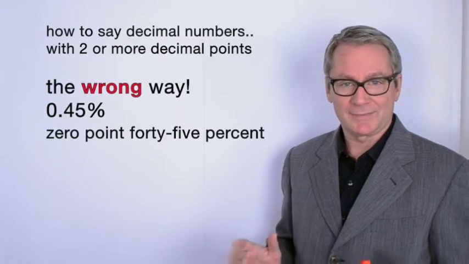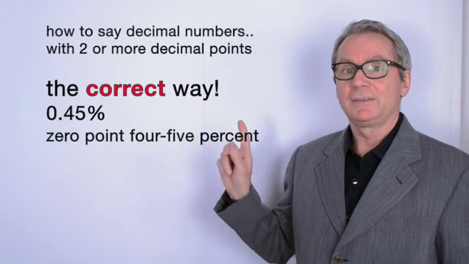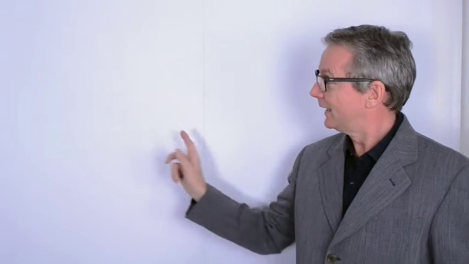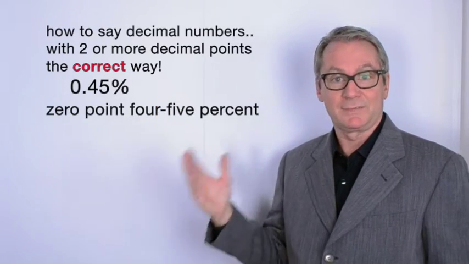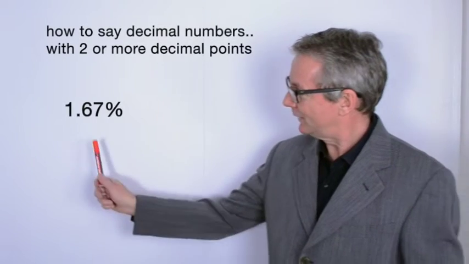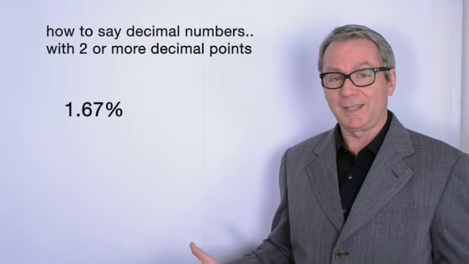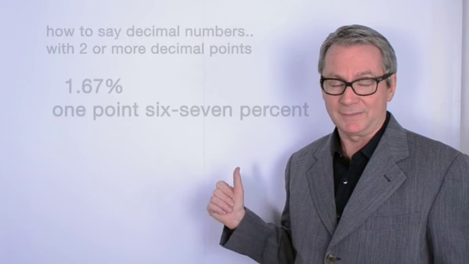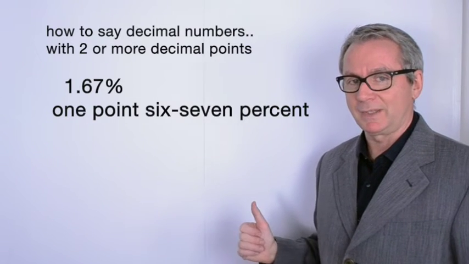Now that's not correct, because the correct way of saying this number is 0.45%. Each of the decimal points is pronounced as a separate number. Why? But here's another example. So how do you say this number? Well, it's the same. It's not 1.67%. No, it's 1.67%.